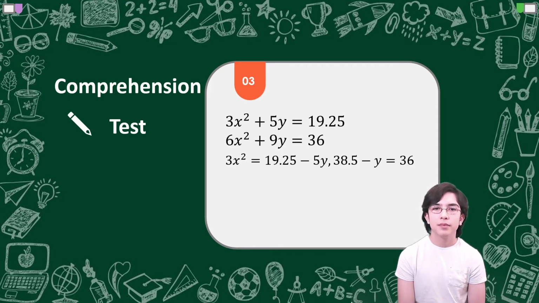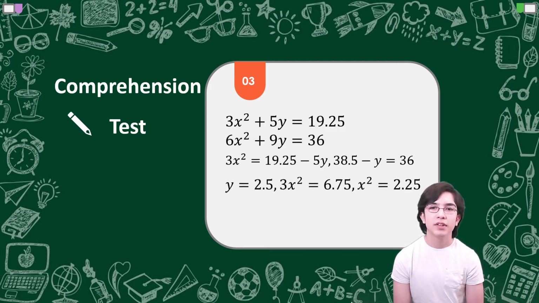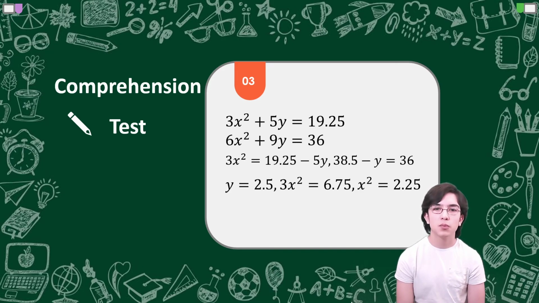38.5 minus 10y plus 9y. So 38.5 minus y equals 36. So therefore y equals 2.5. 5y equals 5 times 2.5, so 19.25 minus 12.5 equals 6.75.